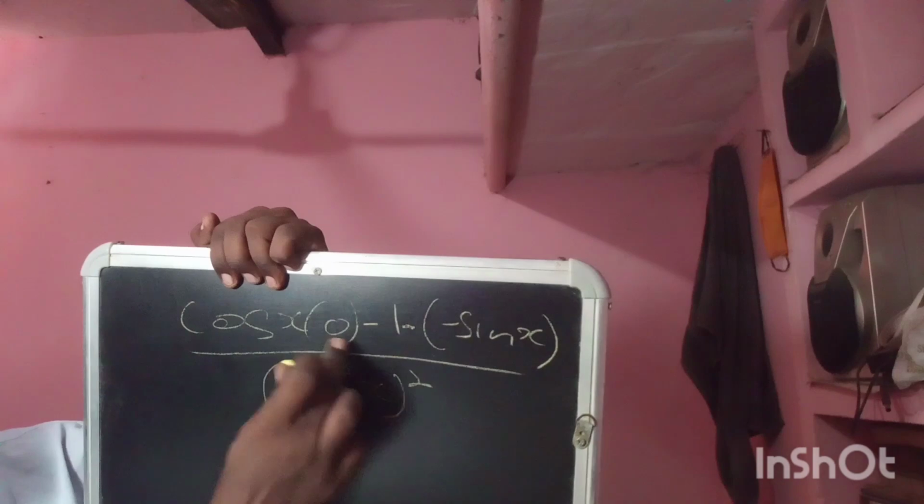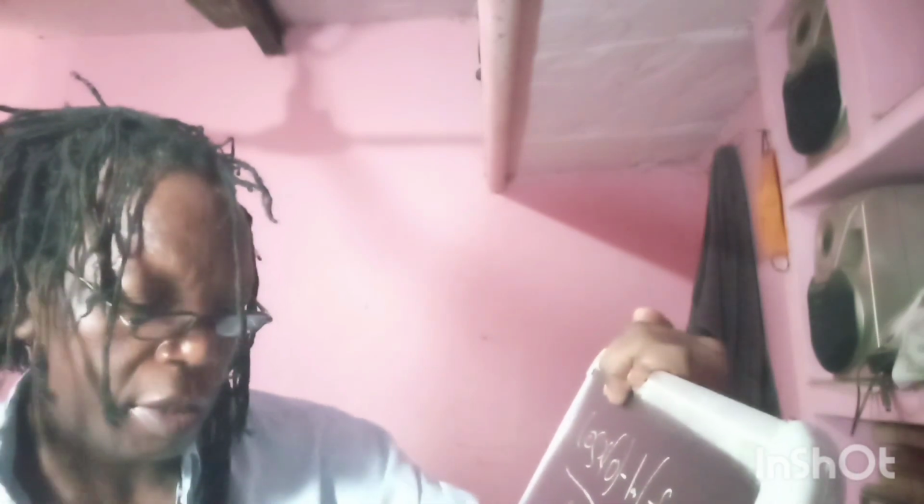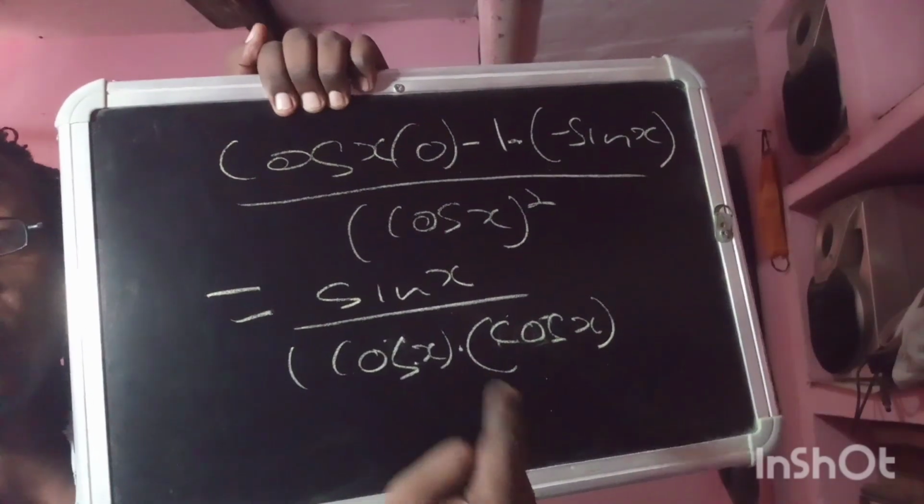It's going to give you 0, and that one is going to give you further down sine x over cosine x squared.